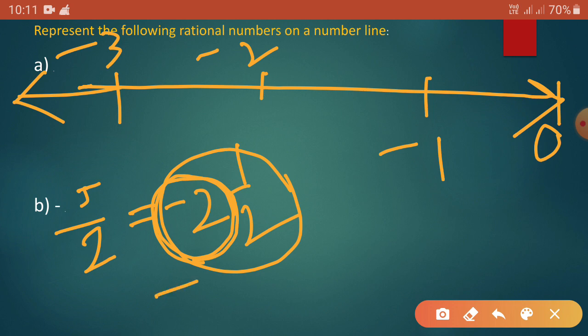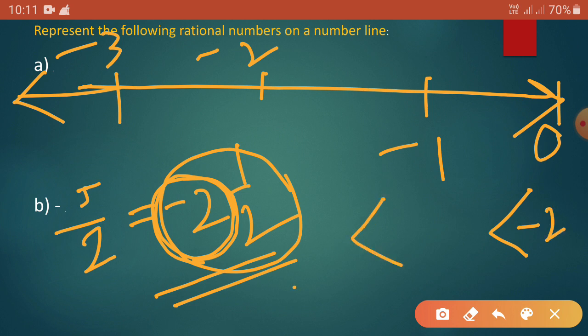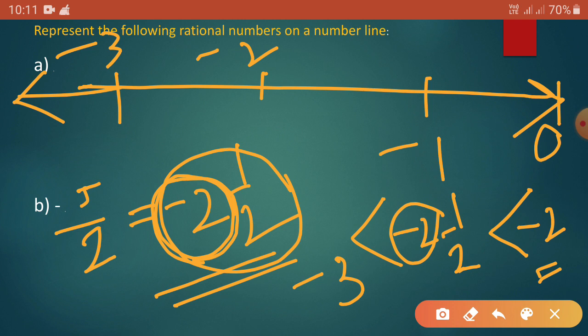So the number is minus 2 1 by 2. Now minus 2 1 by 2 is in between minus 2 and minus 3, obviously, as it is greater than minus 3 and less than minus 2. As it starts with minus 2, it will be after minus 2.